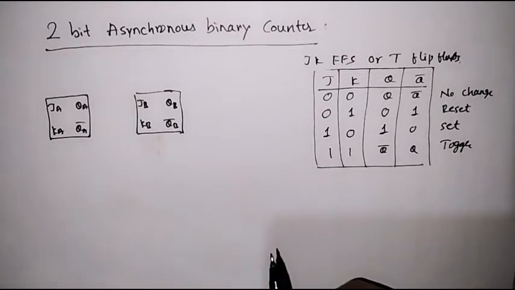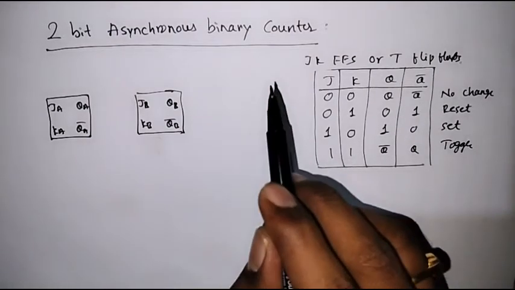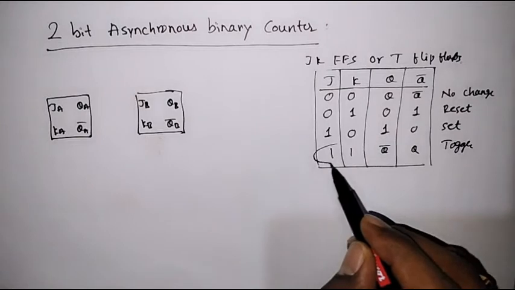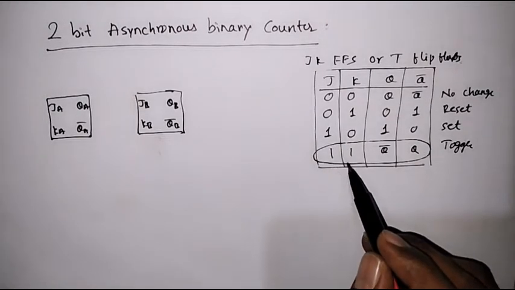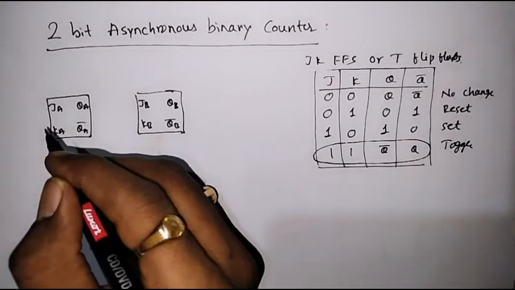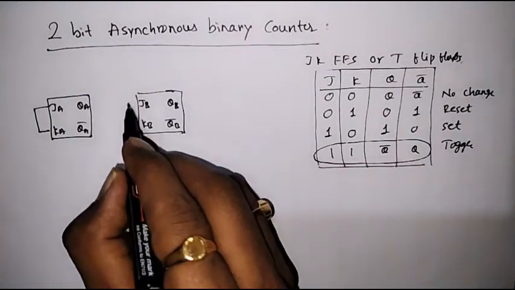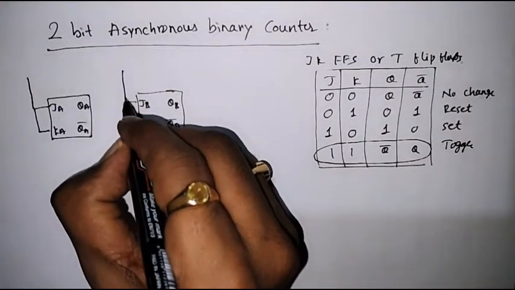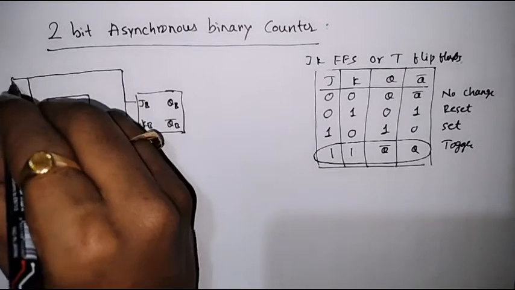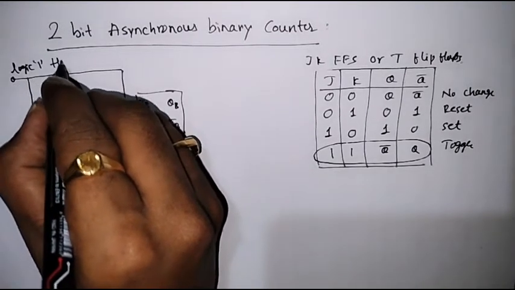When we are using the JK flip-flop for counter application, we will concentrate on the case when both the inputs are 1, 1, because then it will toggle. So I will short both the inputs J and K of both the flip-flops, and it is given to logic 1 or high.